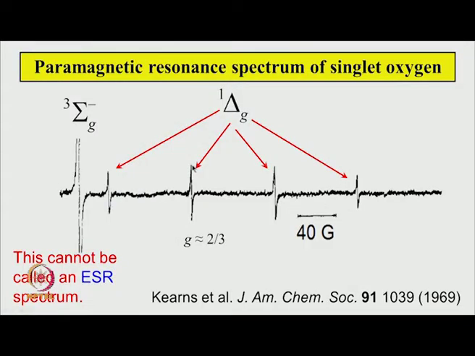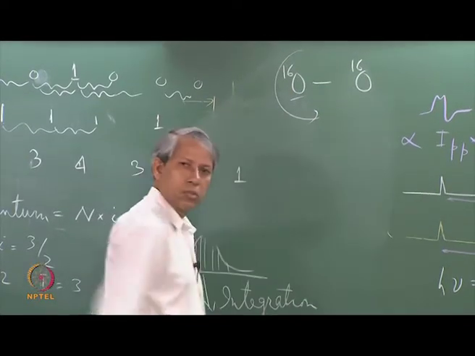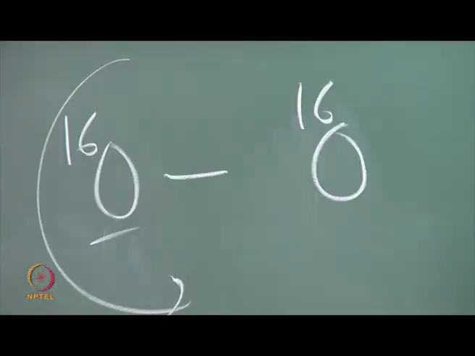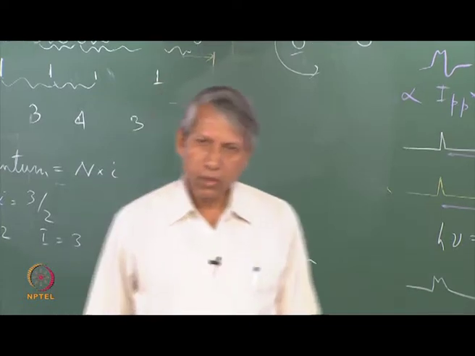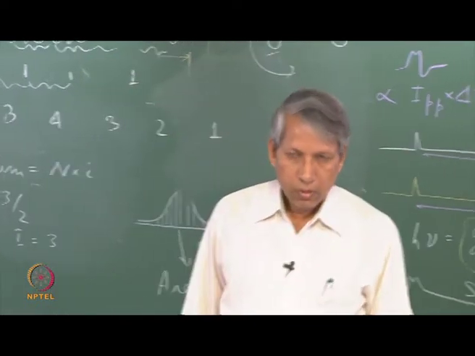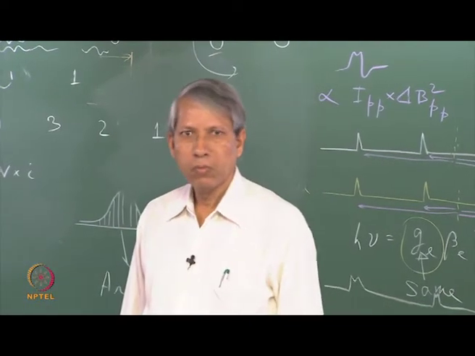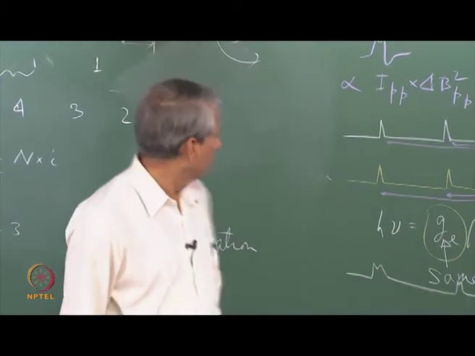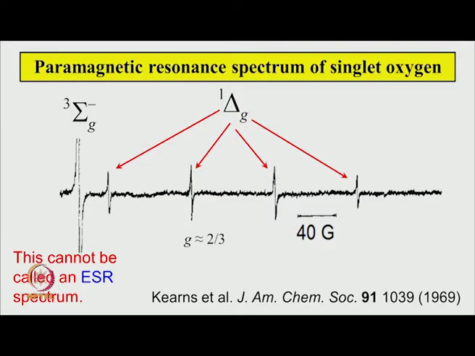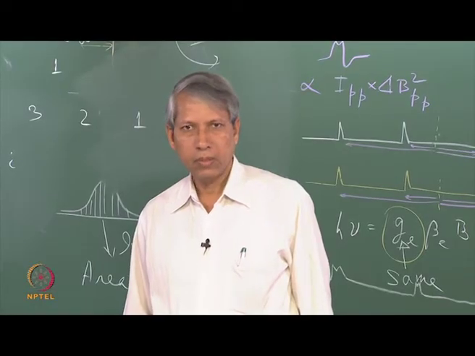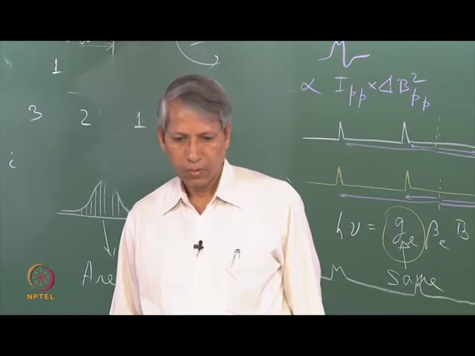So, we take oxygen gas in the spectrometer and try to look at its paramagnetic resonance spectrum. Here the oxygen molecule undergoes rotational motion, and rotational motion is also angular momentum. So, it can give rise to a coupling of angular momentum to the orbital motion, and that can produce such lines which appear as if they are coming from certain hyperfine interaction, but that is not so.